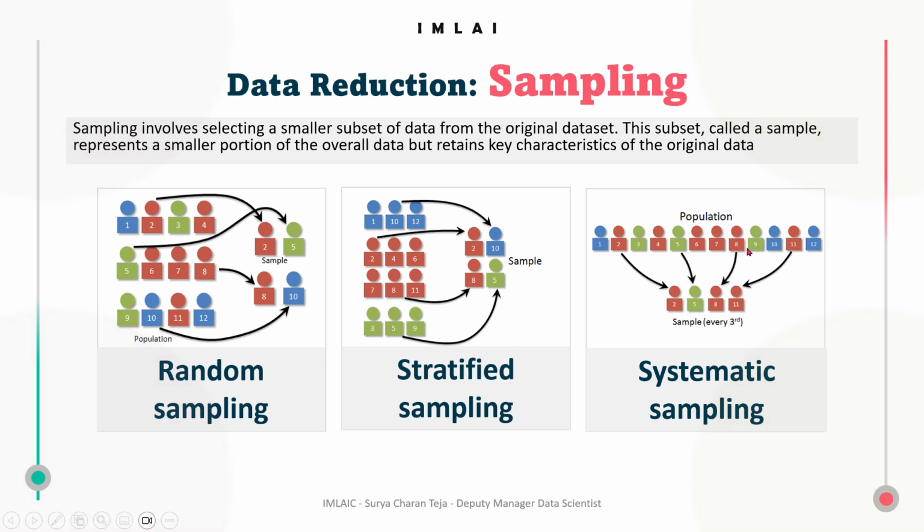Every nth data point can be selected as a sample. This can be useful when there is a pattern or a structure in the data, and selecting samples at regular intervals can capture that structure. So here we have gone for every third data point. Every third data point we have selected to put into the sample.